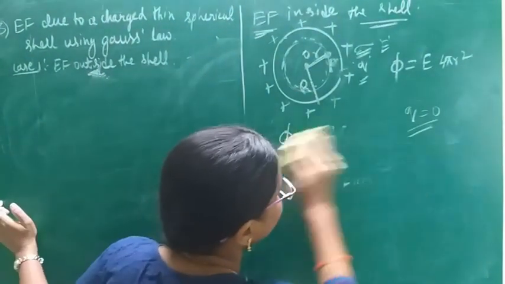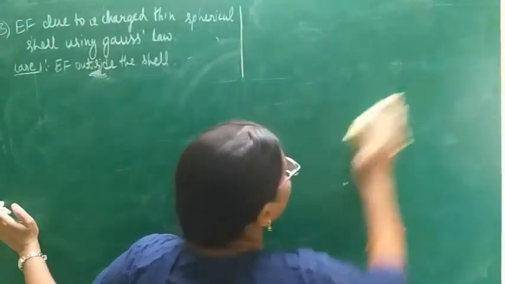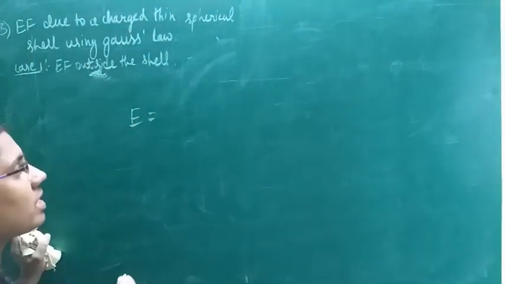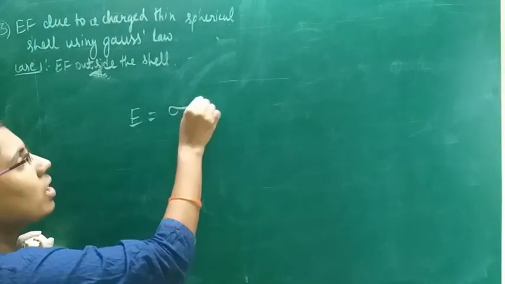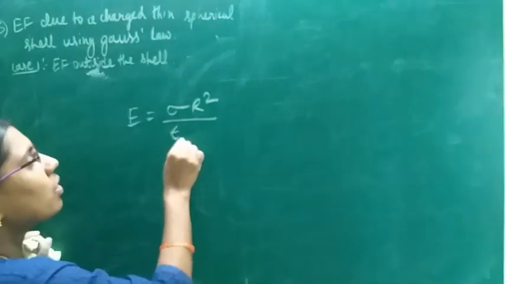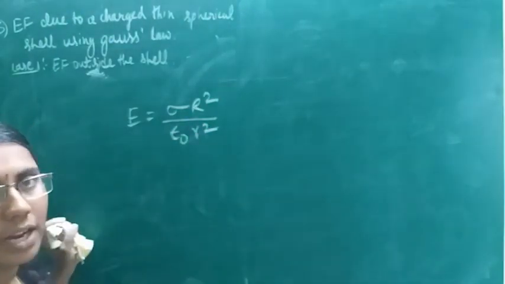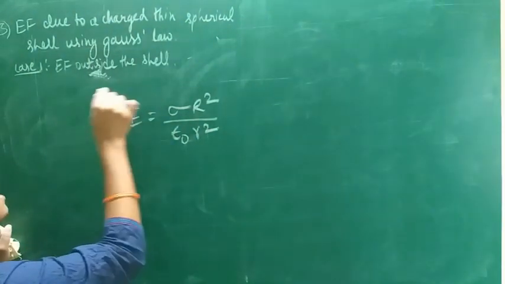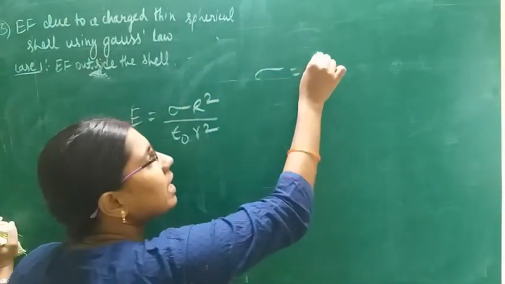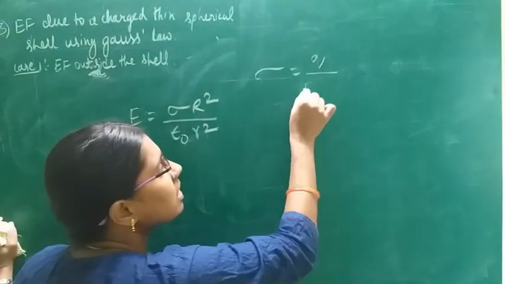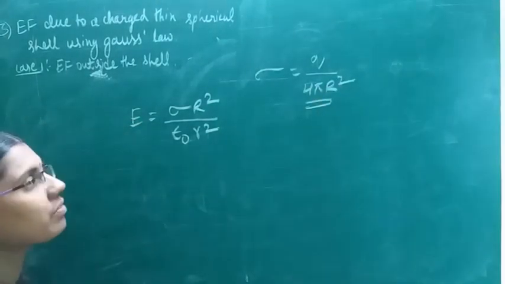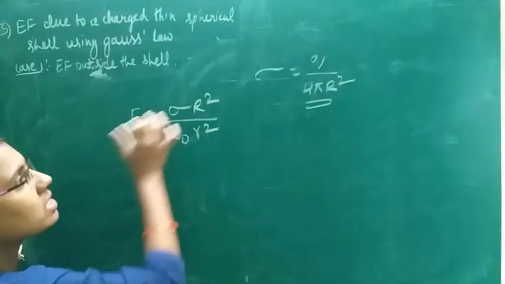The electric field at any point outside the shell, derived in the previous section, is given by sigma into R square divided by epsilon naught into small r square. Now, in place of sigma, we know sigma is nothing but charge per unit area, and the area of the spherical shell is already known to us, that is 4 pi R square. Now substitute this value in this equation.